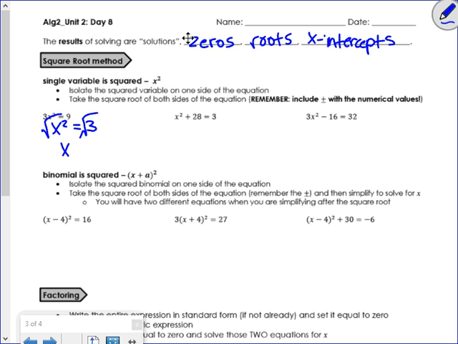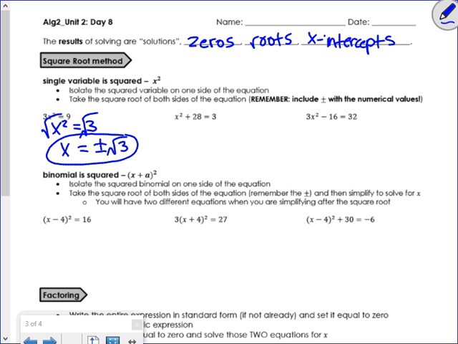The square and the square root, being inverses, cancel each other, so I'll have just x. And on the other side I have plus or minus the square root of 3. Can I simplify the square root of 3? No, but that's your answer. It's just using the square root to get your answer from a squared expression.